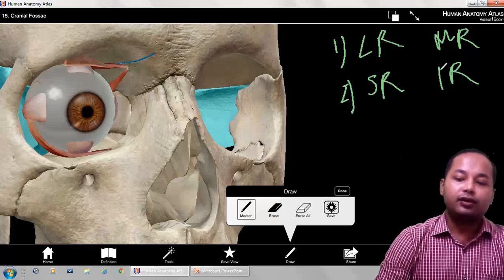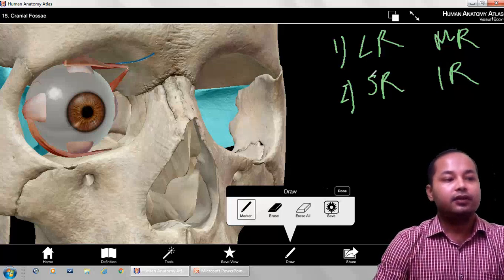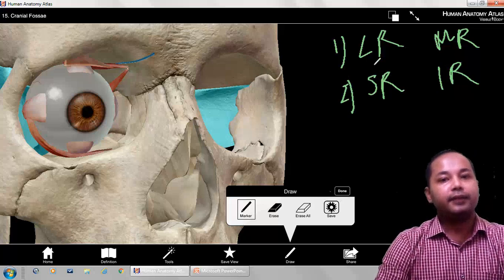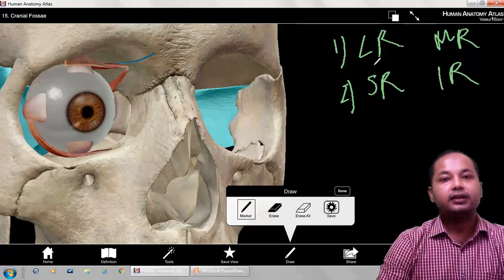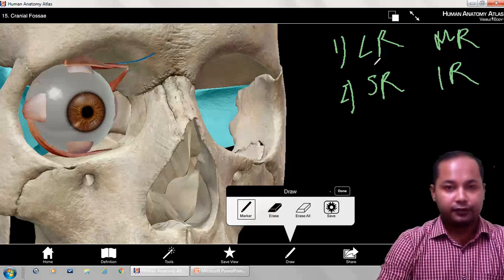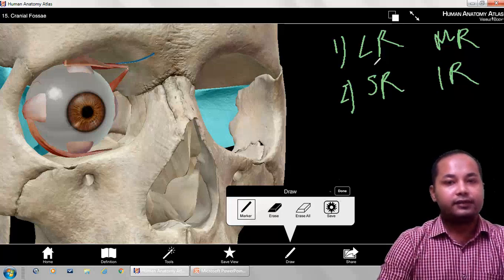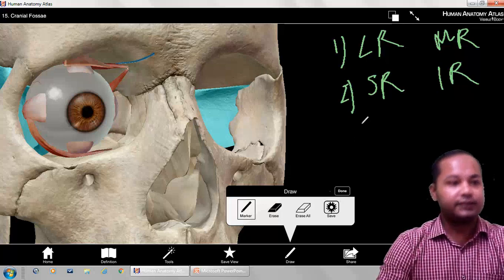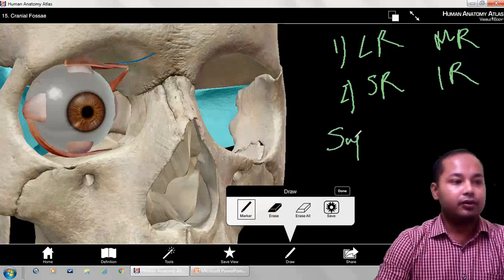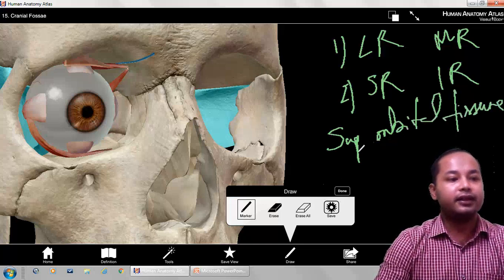That is called the common tendinous ring, from which all of the muscles come out together. It occupies the gap between the greater wing of the sphenoid and the lesser wing of the sphenoid. I think you know what the space between the greater wing and the lesser wing of the sphenoid is. Yes, it is the superior orbital fissure.